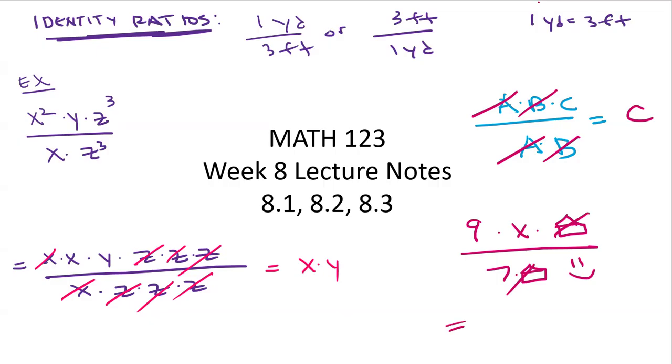Then we're left with 9 times x, or 9x, divided by 7 smileys. That's basically what you're going to be doing when we're doing conversions and dimensional analysis: you match what's on the top and the bottom, cancel them out, and whatever is left over is going to be your final units.